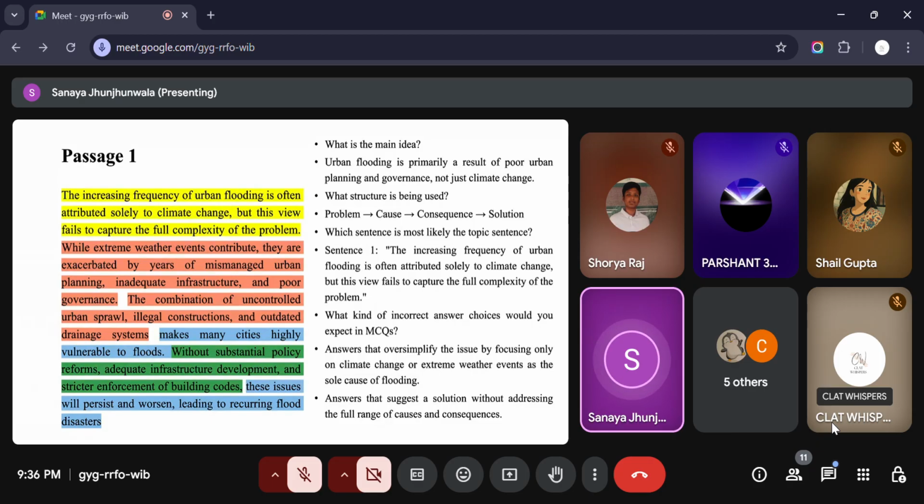Anything else that you guys want to know about this passage? कुछ doubt है? Should I discuss?